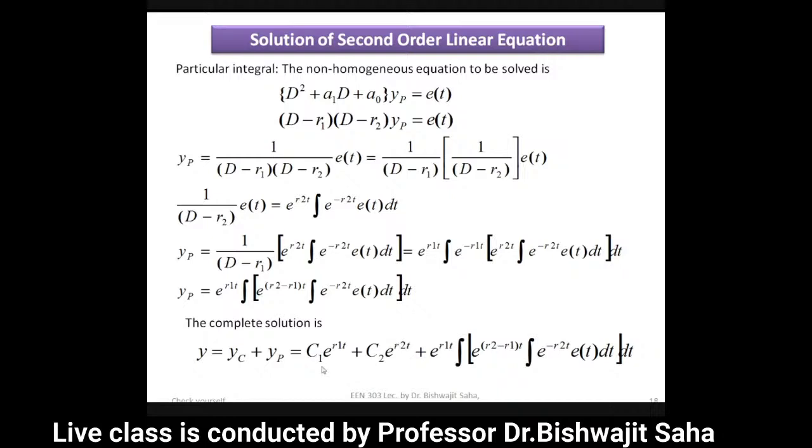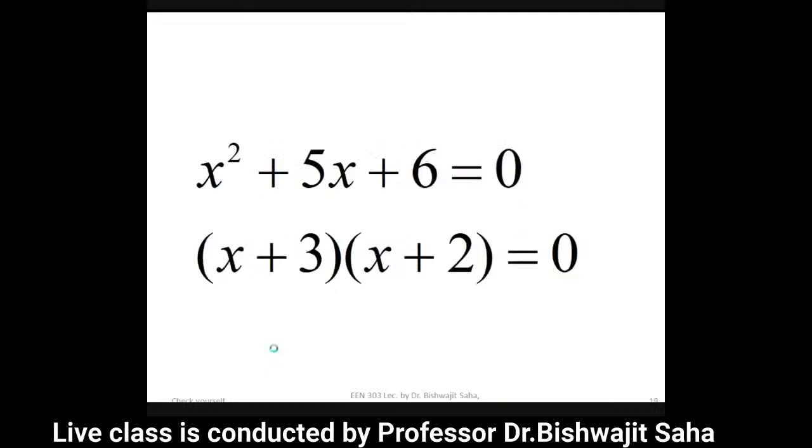All right. Then, if we want to find out the particular integral, then we should have a function on the right side of the equation, such as the voltage Vs of t. Understand? We are just considering as an example that Vs exists on the right side of the equation.